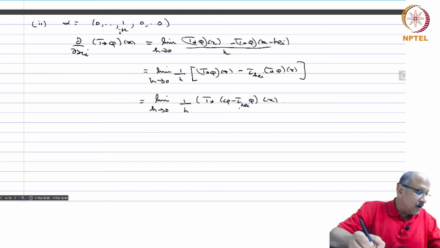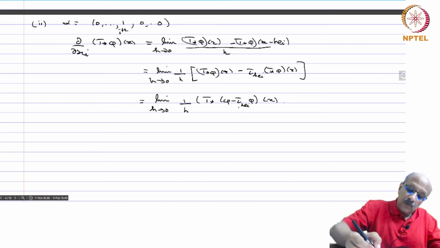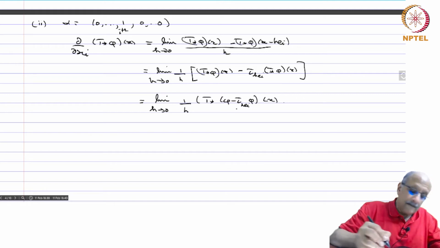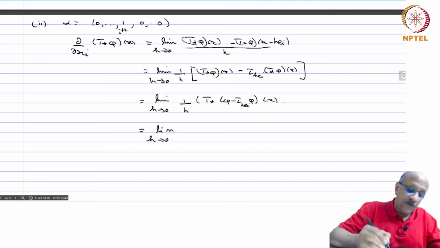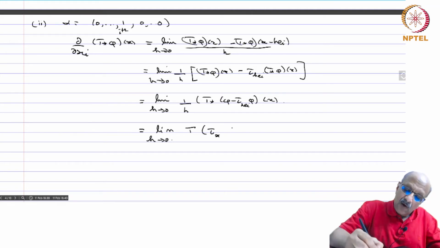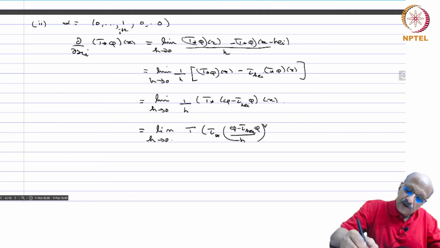And then we saw that this goes to, what is this definition? The limit as h goes to 0 of T of tau x of phi minus tau h ei phi over h, cheshire.